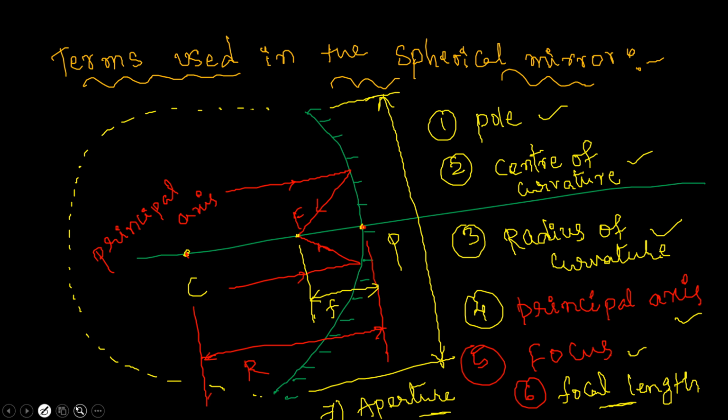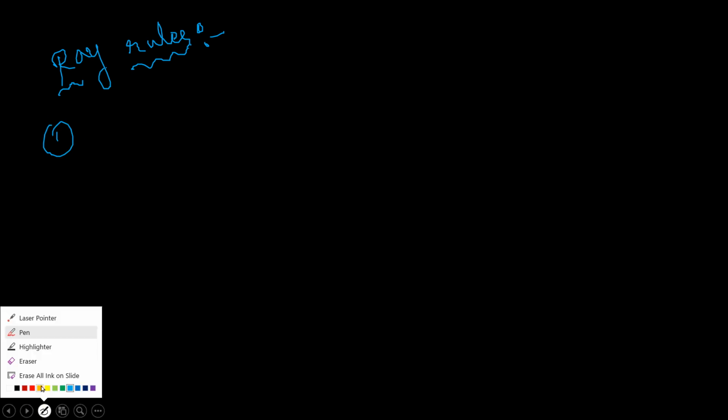Next one. Normally, if you want to draw the image formation of any object, we need ray rules. So we'll talk about ray rules. The first one I'm taking is a concave mirror.